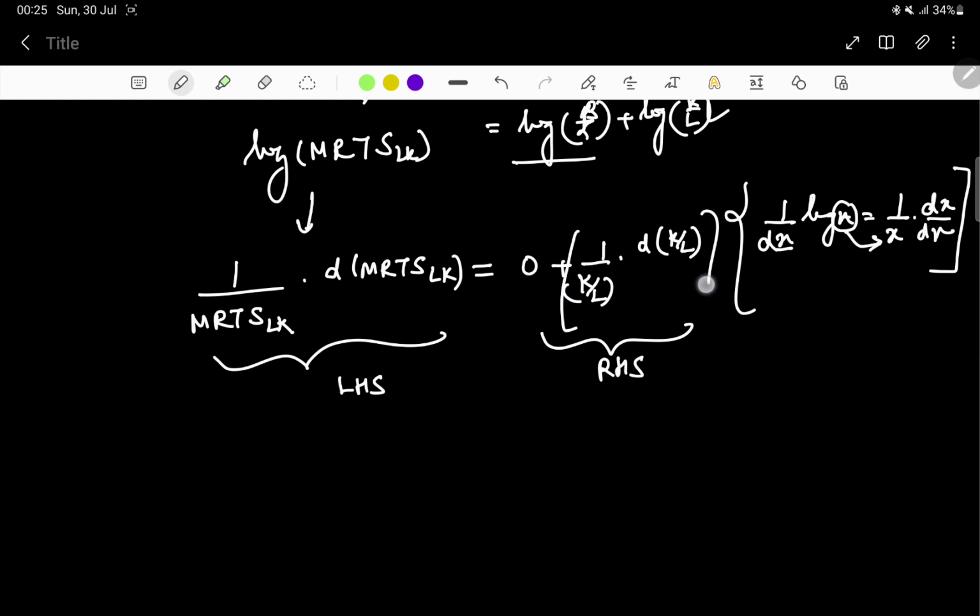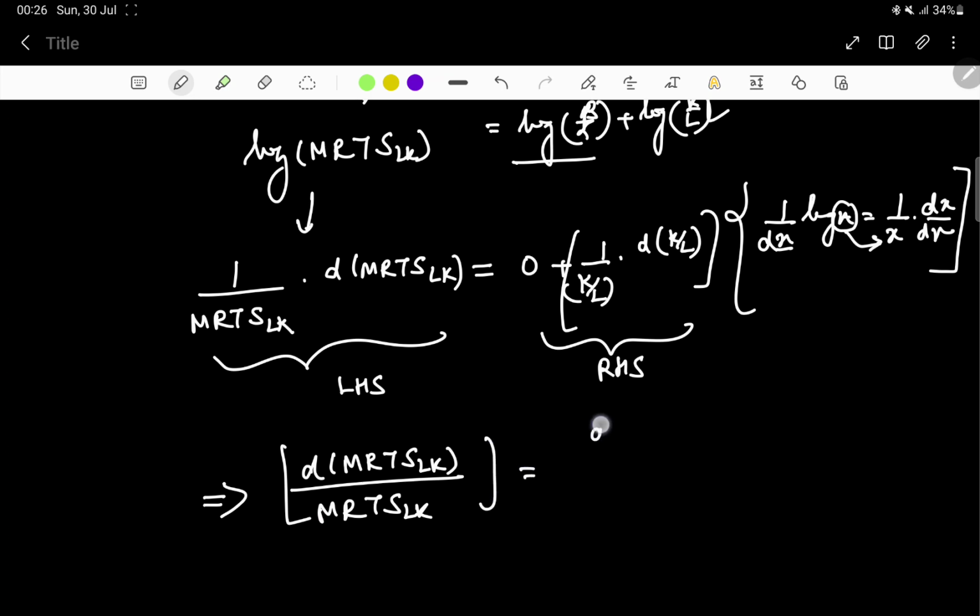We can write it like this. Let me refine it. It is written as d of MRTS LK divided by MRTS LK is equal to d of K by L divided by K by L.